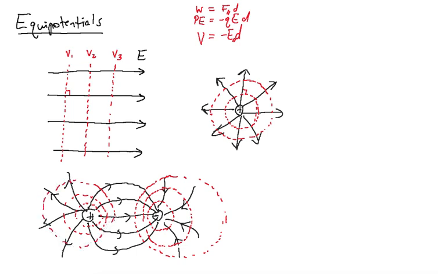So it's something like this, where you get these equipotential lines, and this is going to get way out here. I'm wasting a lot of time drawing these, but it's going to spread out further and further.